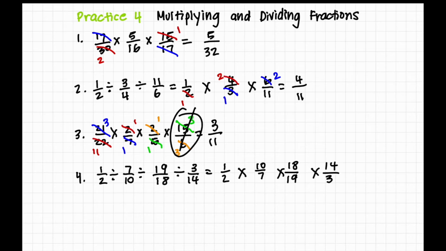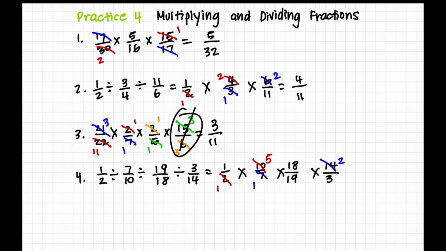So there's a 2 and a 10, which can be simplified into 1 and 5. There's a 7 and 14, which can be simplified into 1 and 2.